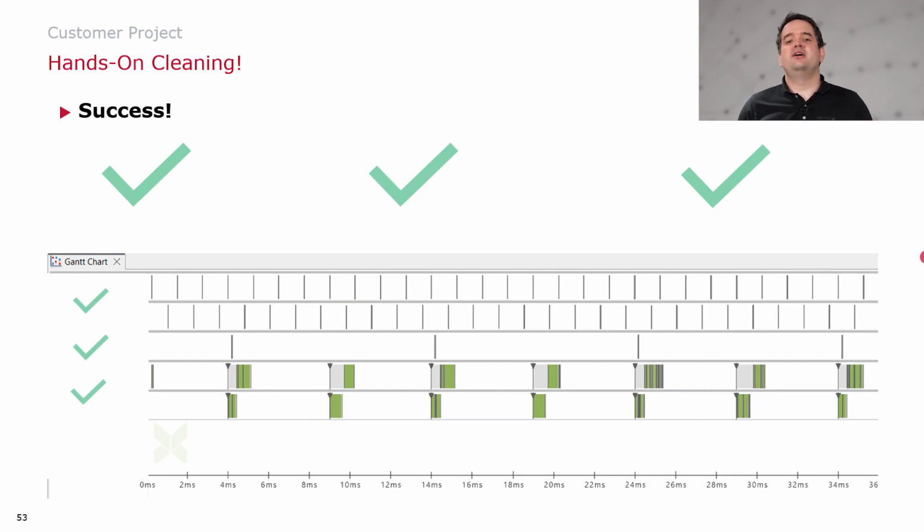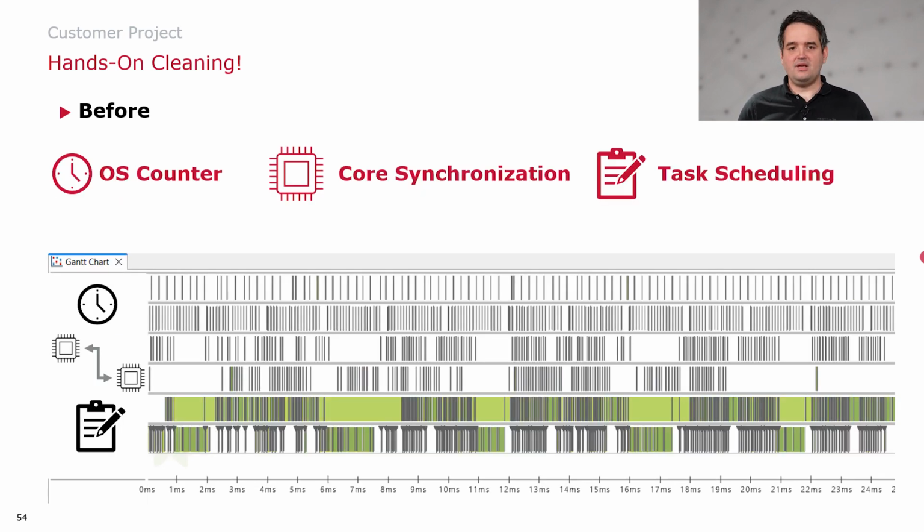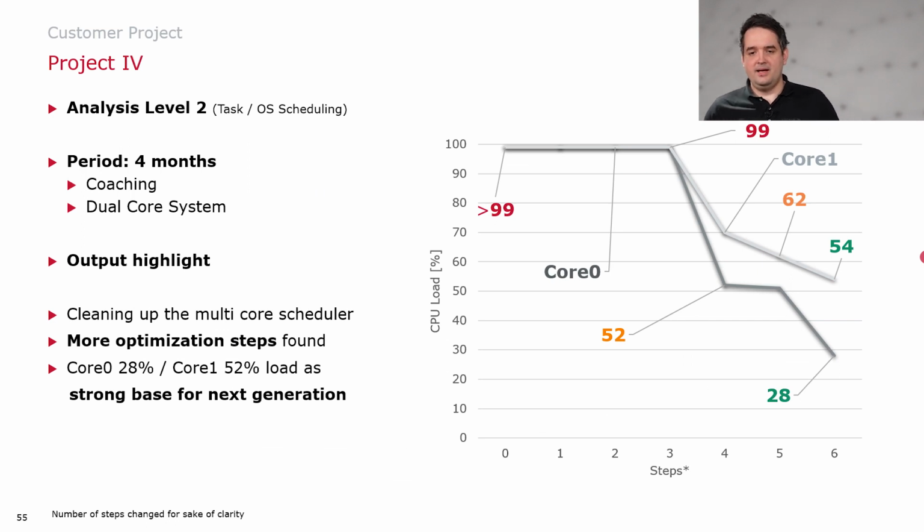So we identified 3 different locations at once and were able to clear them up one by one. To show this with another figure, we had analysis level 2. So we introduced only the task and the OS scheduling in here. This was a period of 4 months in a Vector coaching mode on a dual core system.